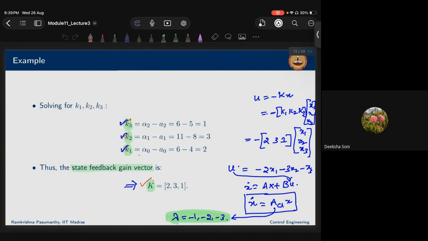So K1, K2, K3 is the row vector, and x is the column vector. You multiply both. In this problem, we got K1, K2, K3 as 2, 3, 1. Then you multiply them and you get -2x1, -3x2, -x3.